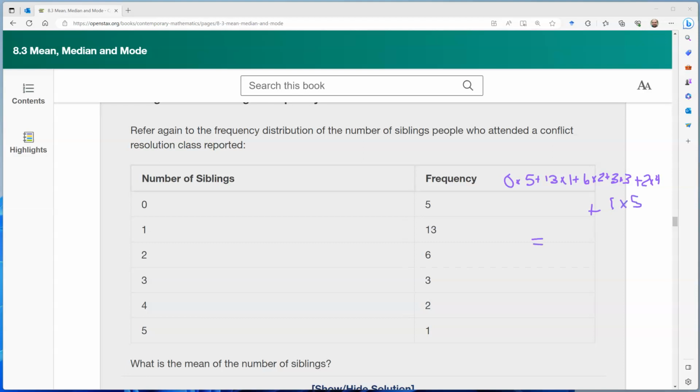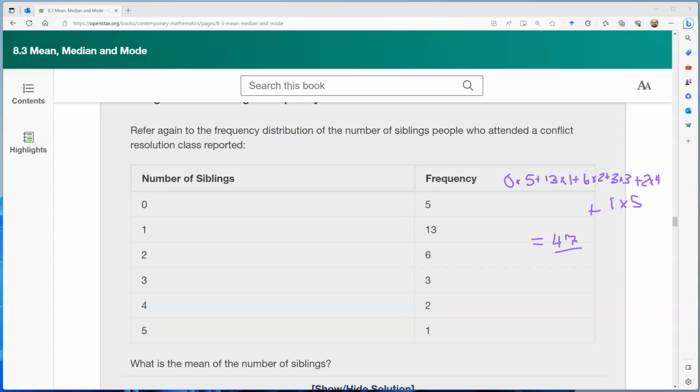If we add all that up, 0 times 5 is 0, and then 13 plus 12 plus 9 plus 8 plus 5, we end up getting 47, if I did that right.